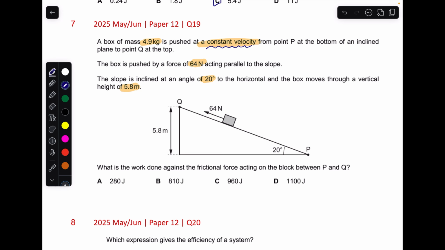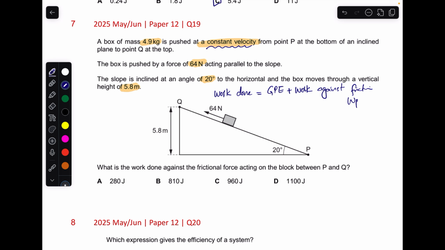So I can say work done will be converted into GPE plus work against friction. Okay, let's call this thing WF.